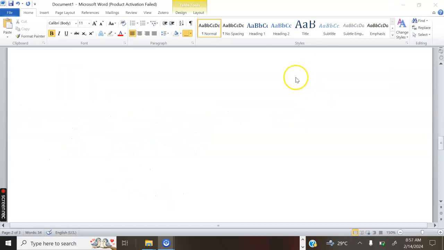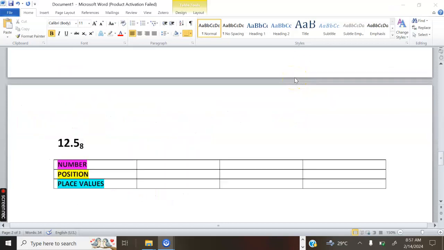Okay, I hope up to that point we are together. Let's assume that we have a number that has two parts, the integral and the fractional. Remember, the integral is the part on the left hand side, while the fractional is the part after the point, on the right hand side.